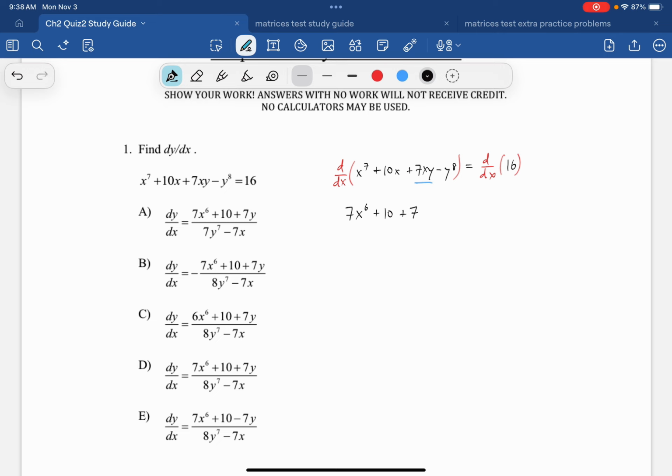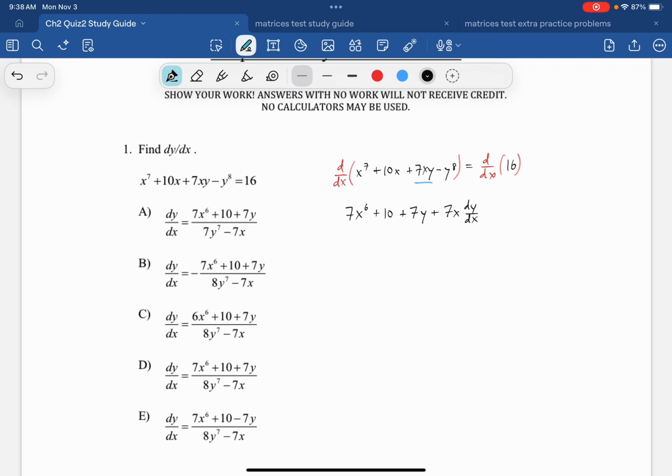So I'm going to do 7 multiplied by the right side left alone, so 7y. Then I have to add, and this time I'm going to leave the left side alone, so 7x is going to remain the same, but now I have to differentiate the right side. So it's going to be 7x times dy dx. Remember that I'm taking a derivative with respect to x, and y is a function of x.